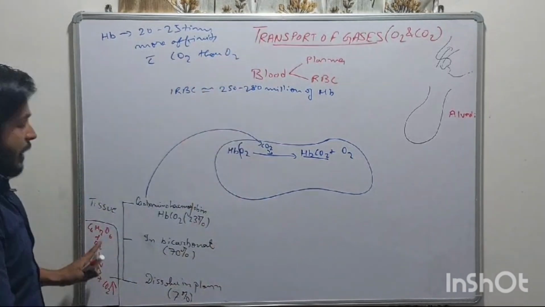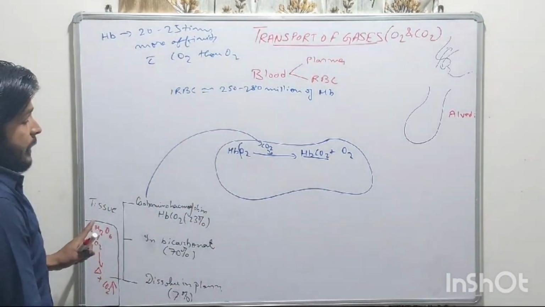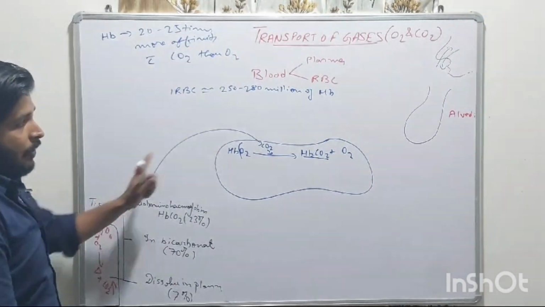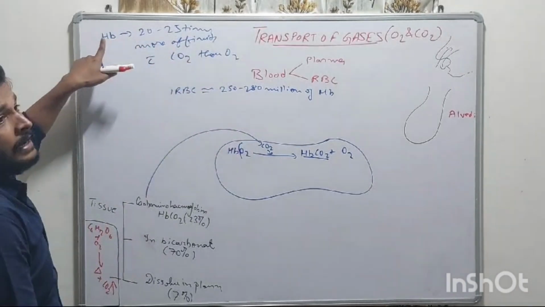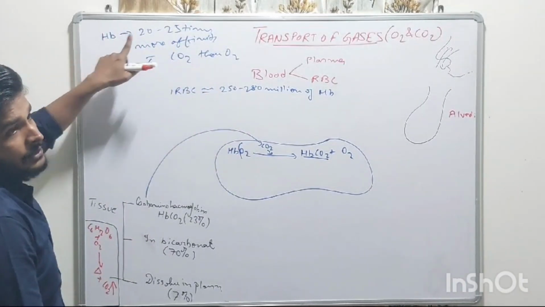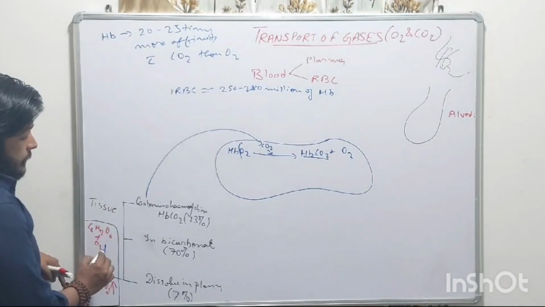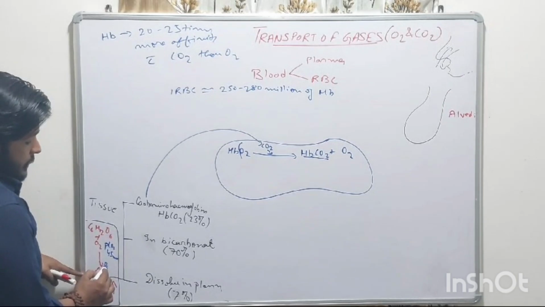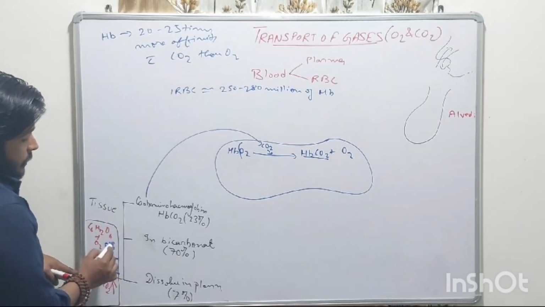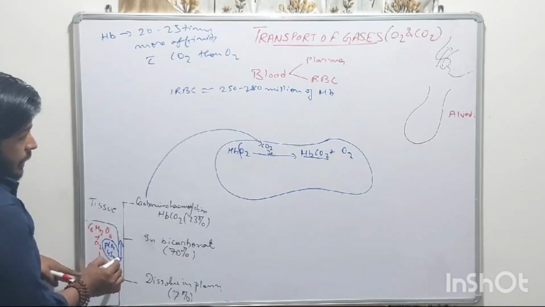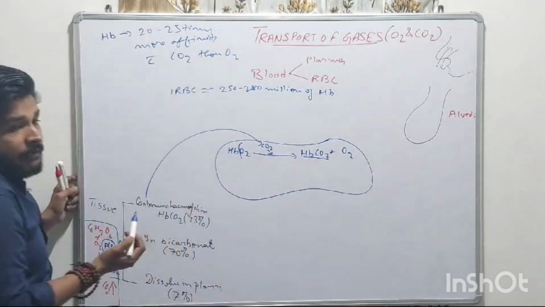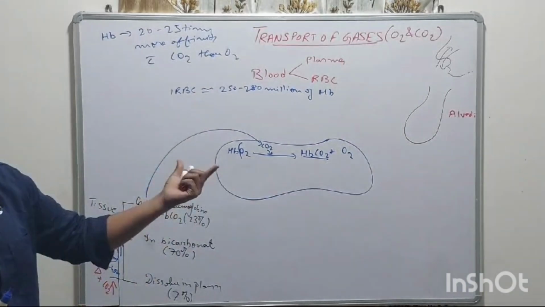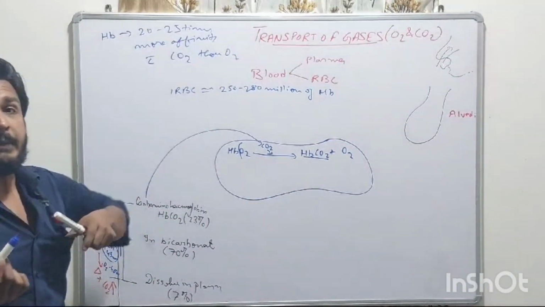Since the CO2 at the internal respiration part has a higher partial pressure, about 45 mmHg, and the oxygen is at 40 mmHg, CO2 has more partial pressure, and also the hemoglobin has more affinity. So it creates a scenario where CO2 is more favorable for bond formation with the hemoglobin.